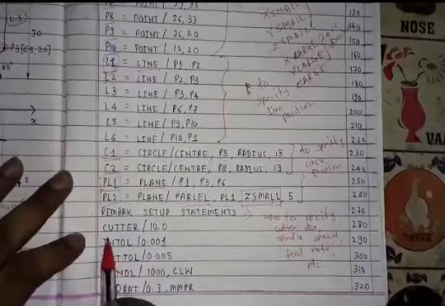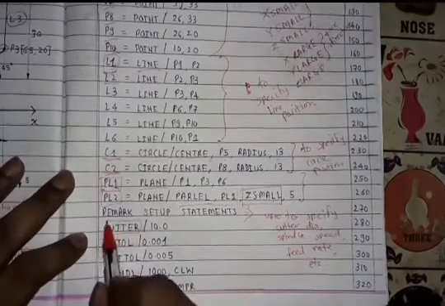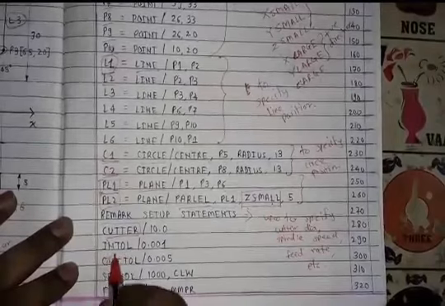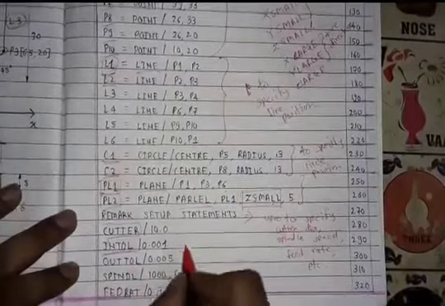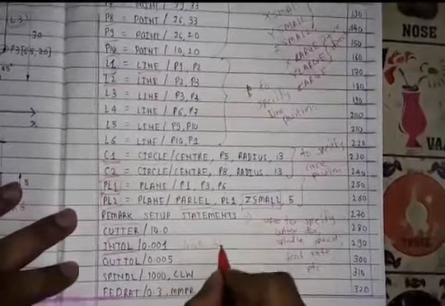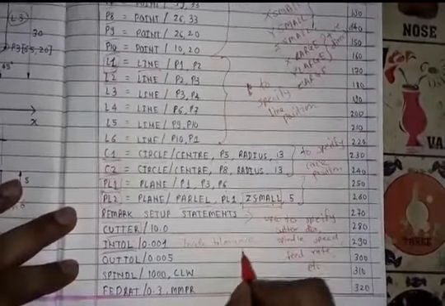Let's start. CUTTER, this is a symbol for cutter diameter specification. Next is INTOL, this is inside tolerance specification.